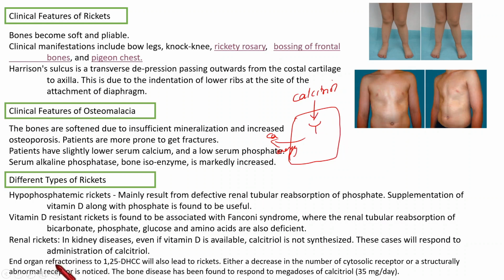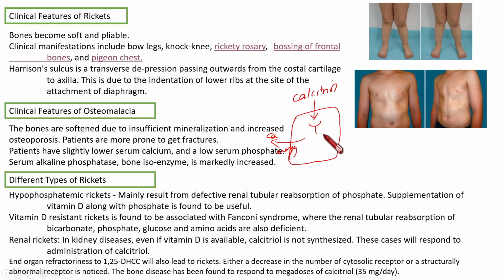And in those persons having this defect, the number of these receptors will be low, or sometimes it is defective. Then the further process will not happen in that cell, and that in turn affects the proper absorption of calcium.